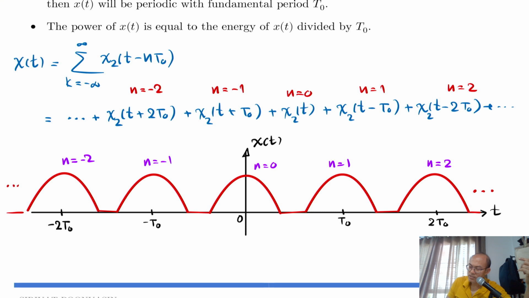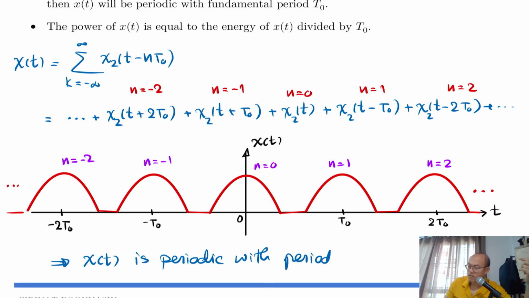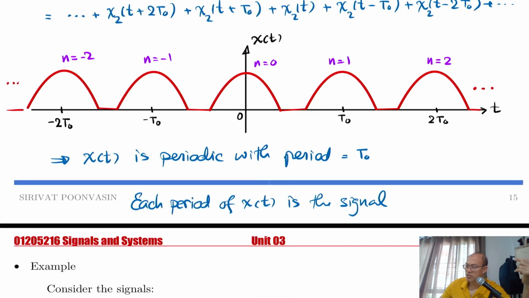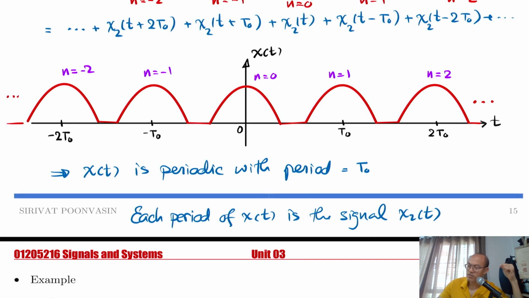So you see, x is periodic with period t0, and each period of x is the signal that we use to construct x, which is x2.